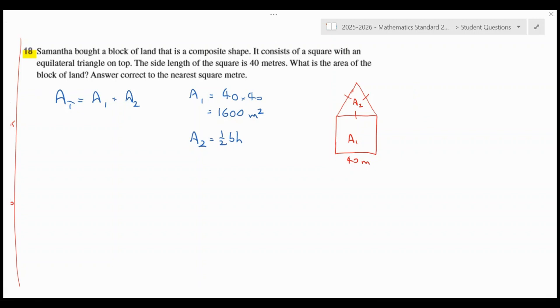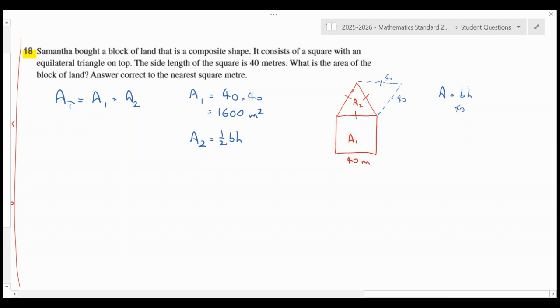If we had exactly the same triangle on top, so we joined it with the other triangle, then that would be 40 and that would be 40 as well. But we'd have a rhombus, and my rhombus has the same formula as a square, parallelogram or rectangle, based on height.